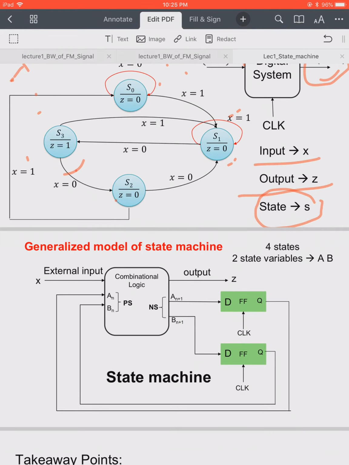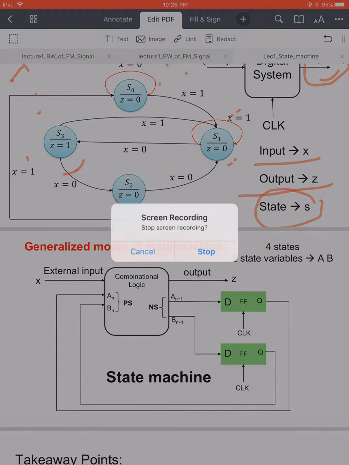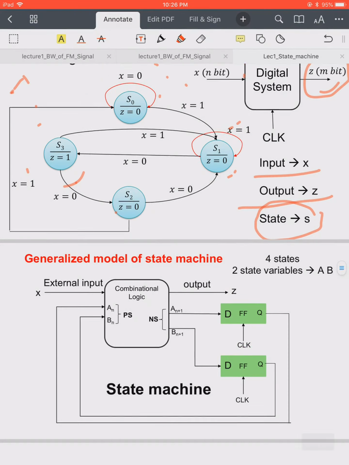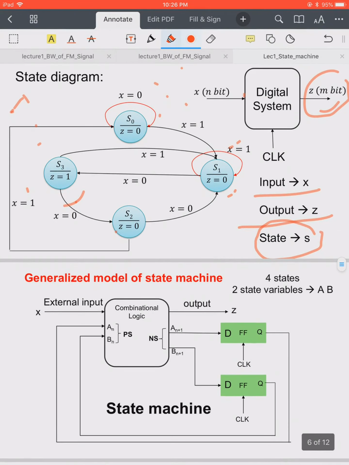Let's take them A and B. You know how to store a bit. To store 2 bits, I need 2 D flip-flops. So you can see here I need 2 D flip-flops, right?